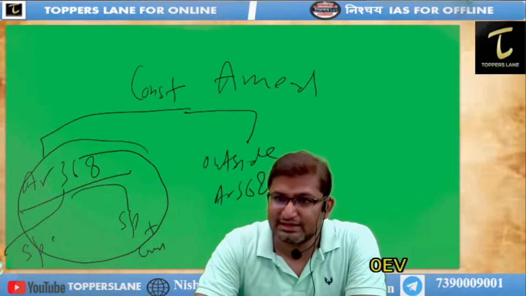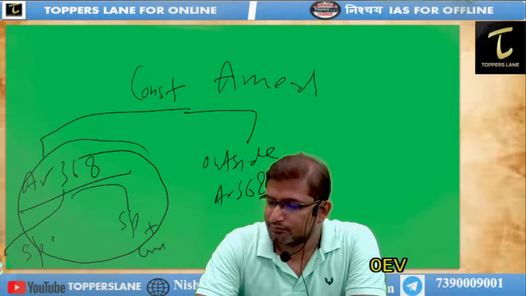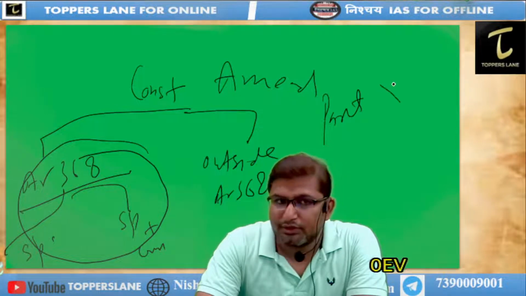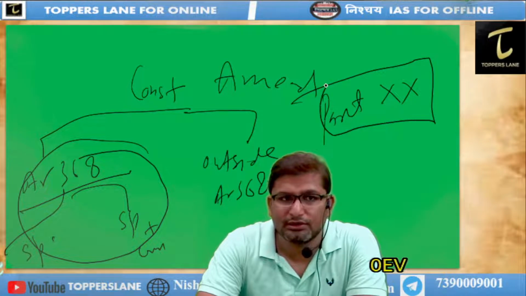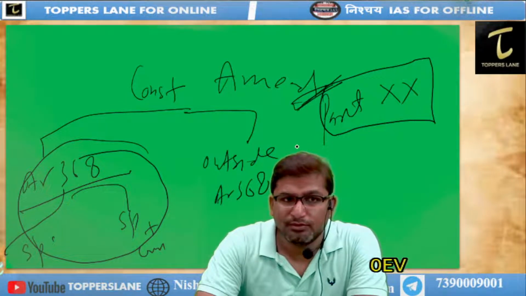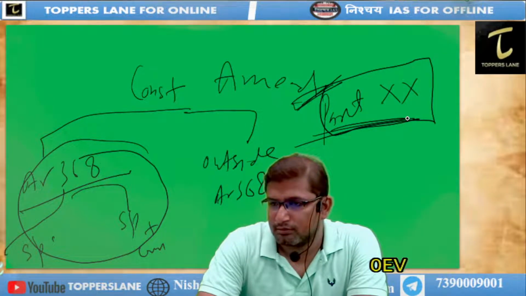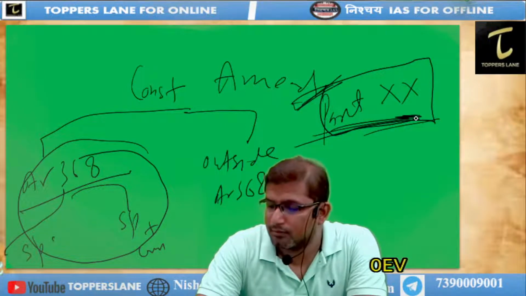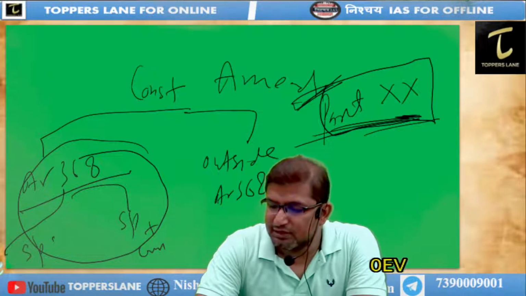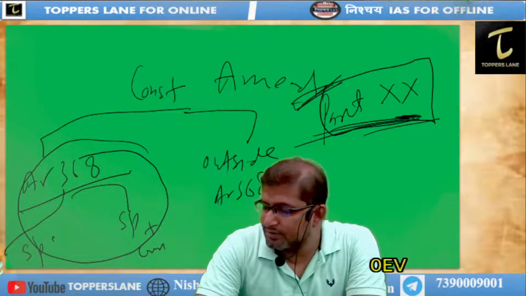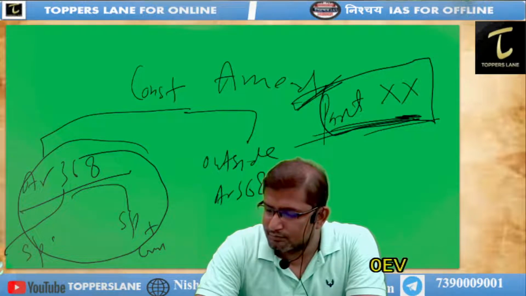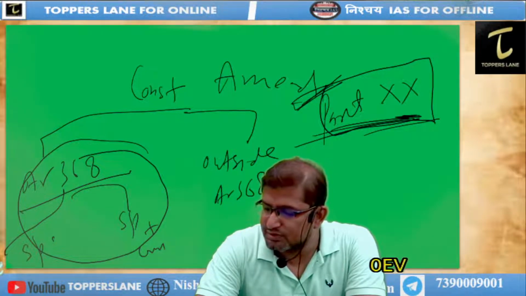Next. When I say next, write from the next para. Article 368 in Part XX. Whenever you write part in the exam, please write it like this in Roman. Clear? So write Part XX in Roman. It deals with the power of the parliament to amend the constitution and its procedure.